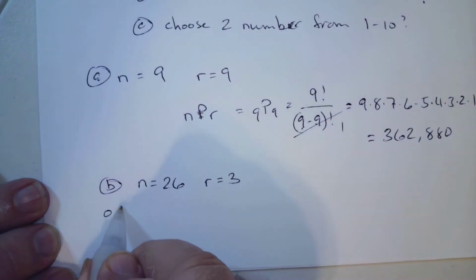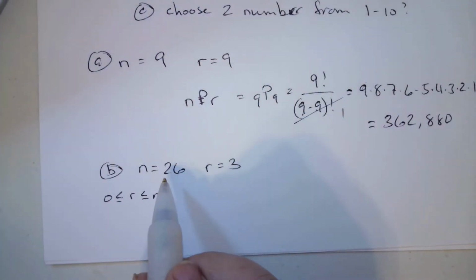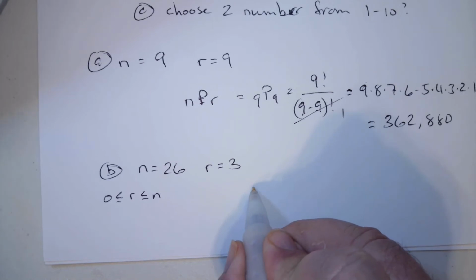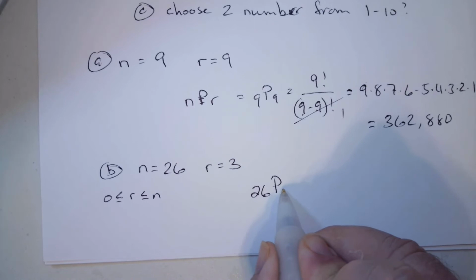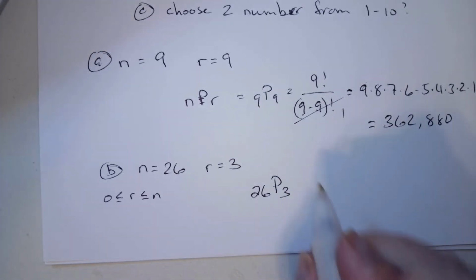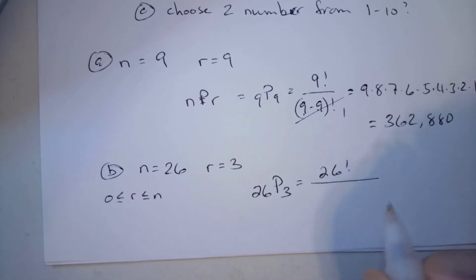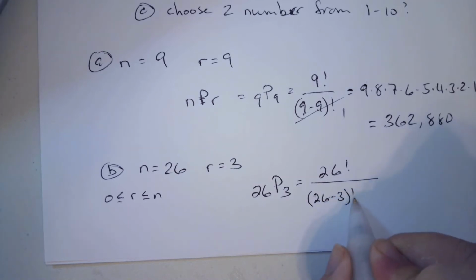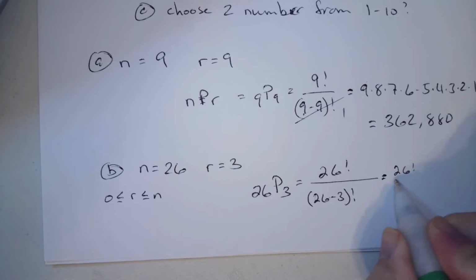Remember, R has to be between 0 and N, so the bigger number is always N. So it's 26 permutation 3: 26 factorial over 26 minus 3 factorial. 26 minus 3 is 23.